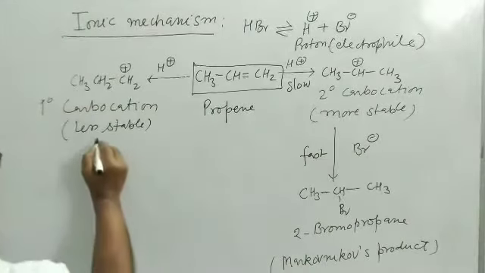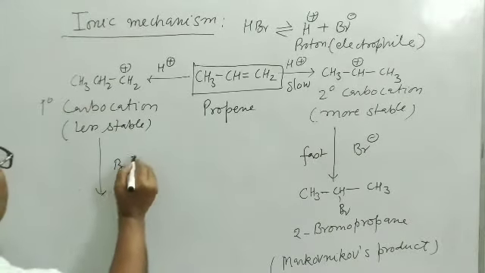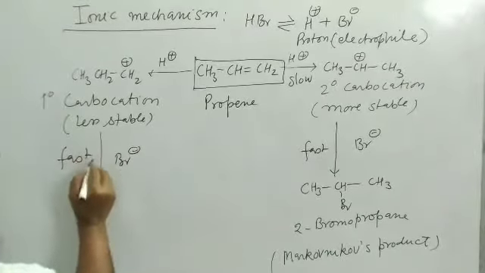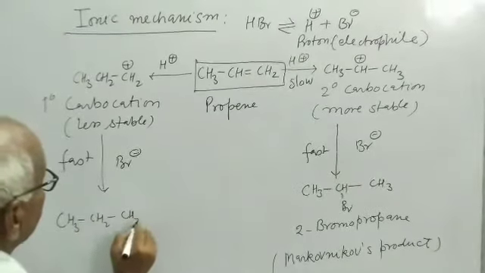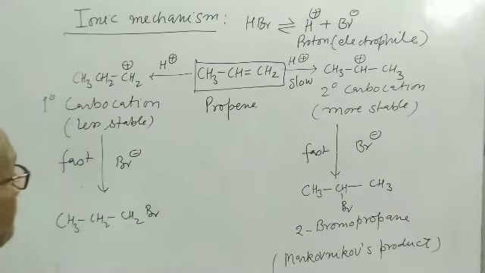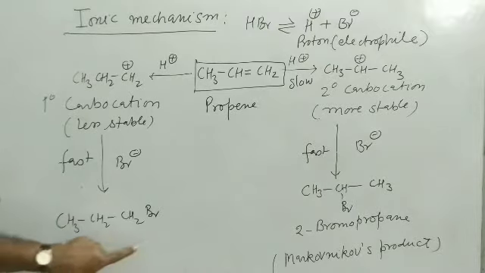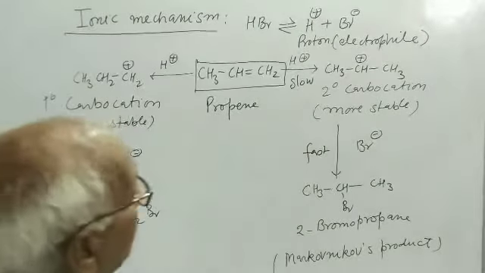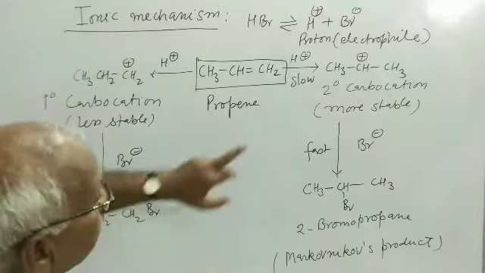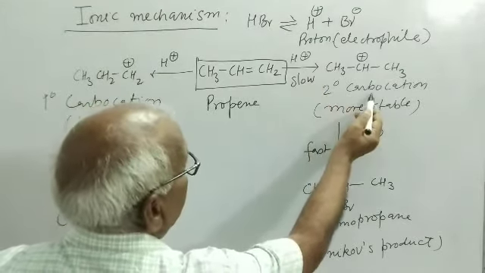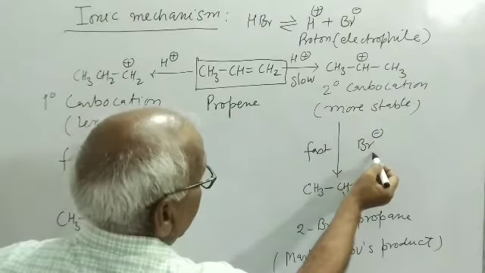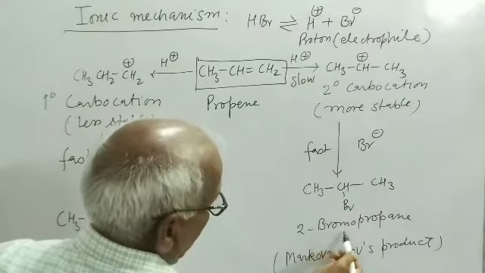In second case, it reacts with this fast, so it gives you product CH3 CH2 CH2Br. So this is anti-Markovnikov product. So out of these two patterns, right hand side proton attacks, 2 degree carbocation is obtained, then it is attacked by bromide fastly, giving 2-bromopropane.